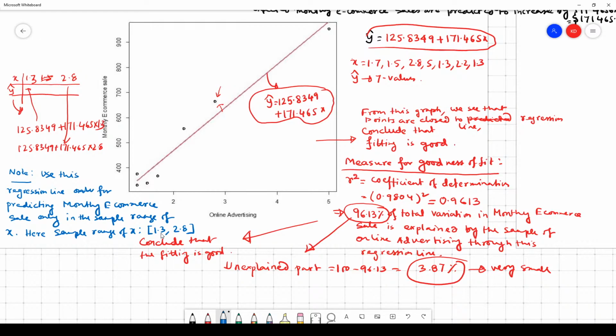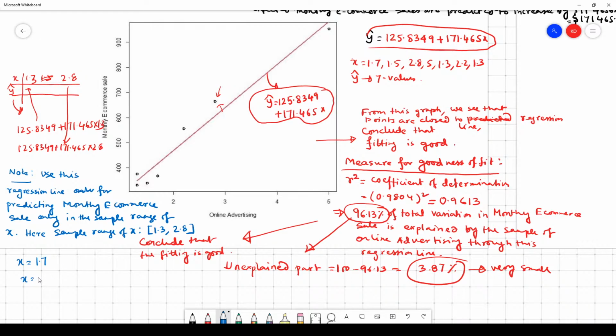That means in that example, we can predict e-commerce within the sample range of 1.3 to 2.8. For example, if I wish to predict the e-commerce value when X is equal to 1.7, we can use this regression line.